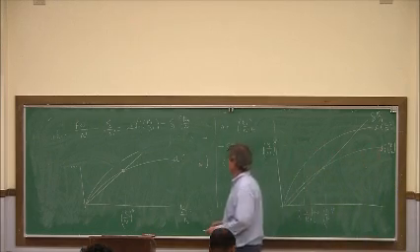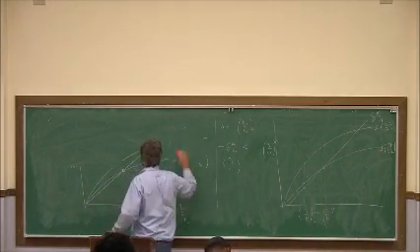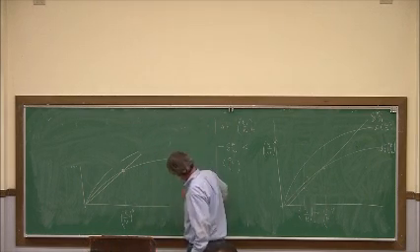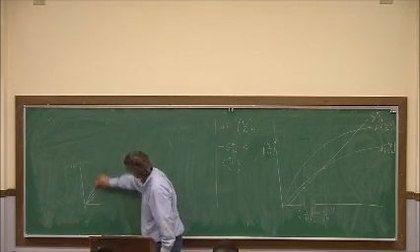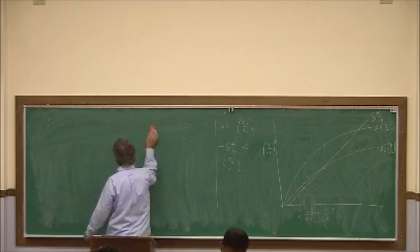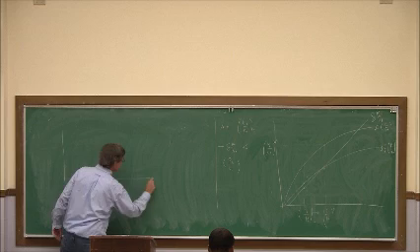Let me do one more thing, and then I'll get you out of here. What does this model predict will happen if there's an increase in the savings rate? Let's start at a steady state.